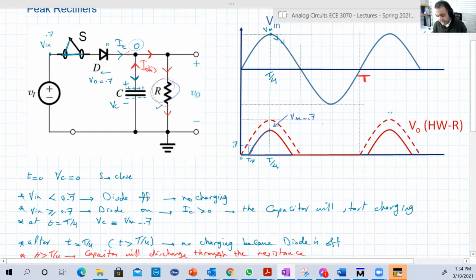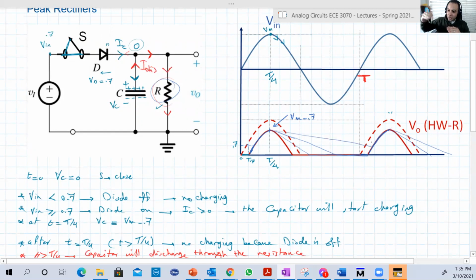Okay? If RC is small, it may discharge like this. Then becomes 0. Then it charges again, and then discharges, and so on. If we increase tau a little bit, it may become like this. Then becomes 0, then it charges again, then discharges. Increase a little bit more, it can become like this.